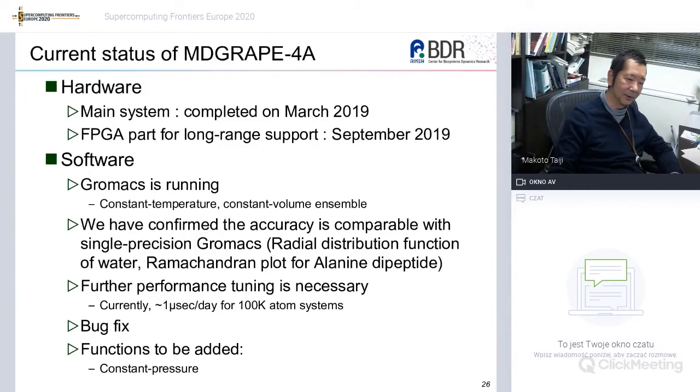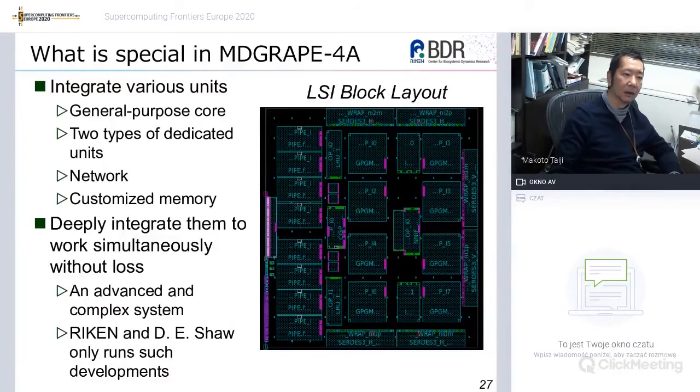But I think for us it was a very big step to reach successful operation of this kind of complex SoC. Currently, we are developing constant pressure ensemble software, and it will be ready in 2 to 3 months. What is special in our SoC is that we integrate various units: the general-purpose part, the pipeline part, and the long-range part.